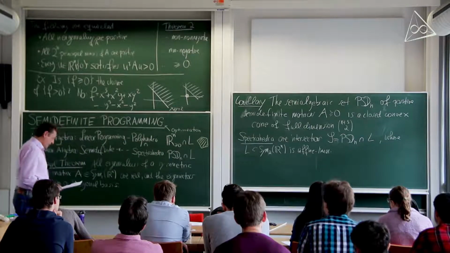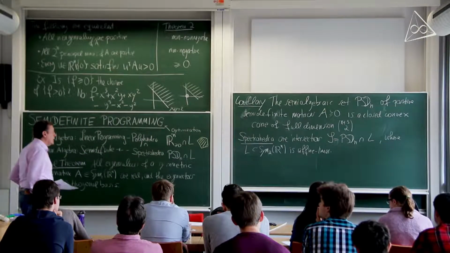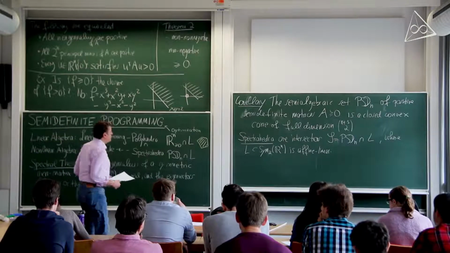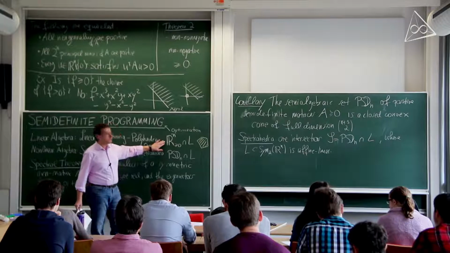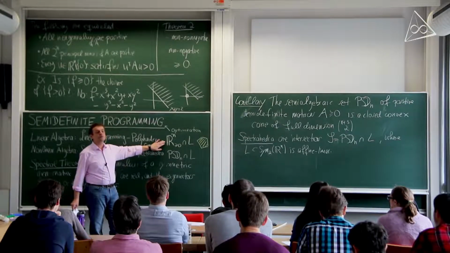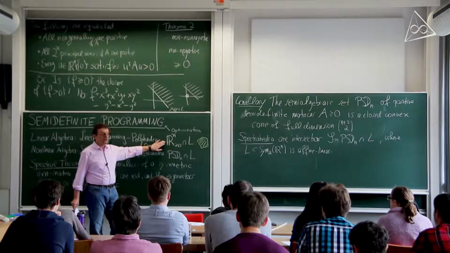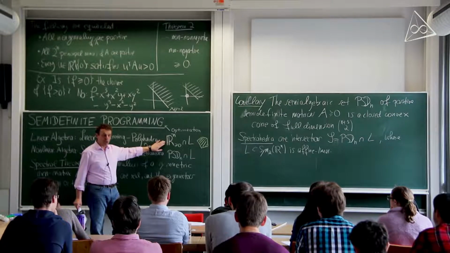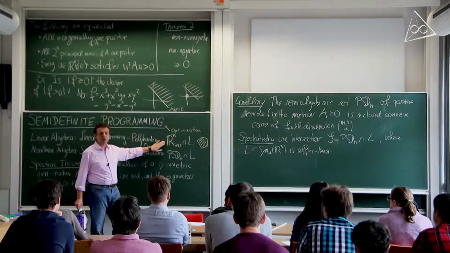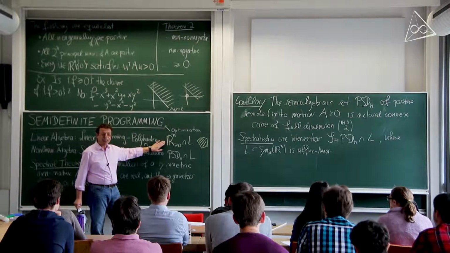Okay, so those are spectrahedra. Now, spectrahedra, just like polyhedra, have different representations. So here I've given you what's sometimes called the standard representation of a polyhedron. The standard representation says a polyhedron is the set of non-negative solutions to a linear system of equations.